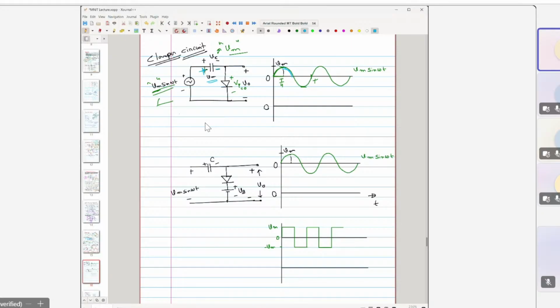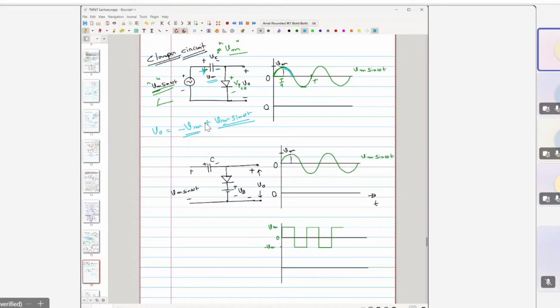Then we can write V output is nothing but this Vm, which has been charged, because you can see this is plus, this is minus, so we have to take care of the polarity, plus Vm sine of omega t. Whatever the value of sine of omega t, we just substitute it. What is Vm? The peak potential.